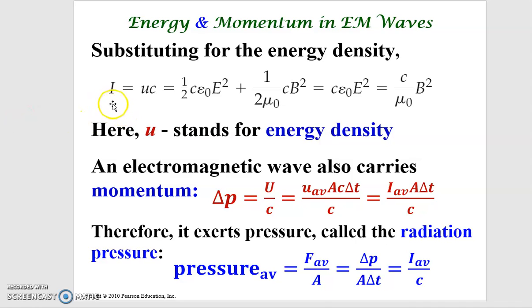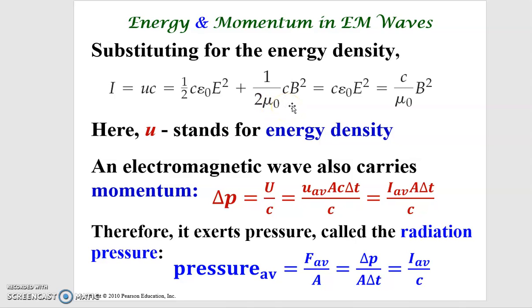I just showed you that the intensity is actually the energy density multiplied by c. And because the total energy density is a combination of the electric field and B field, now you should use the root mean square. Don't forget about that. Now multiply each term by c, okay?